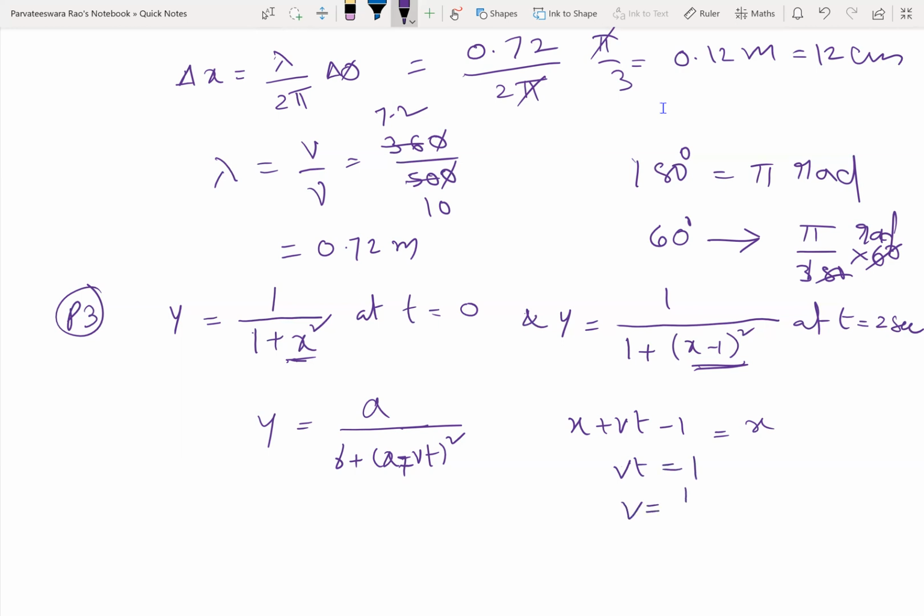So V is equal to 1 by 2 meters second inverse, or 0.5 meters second inverse.